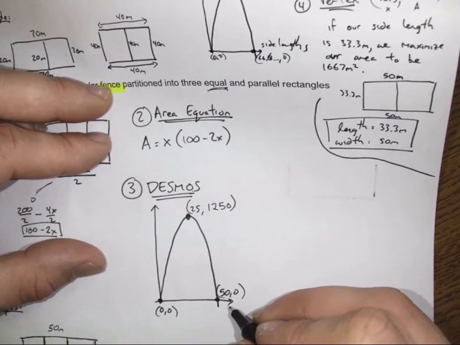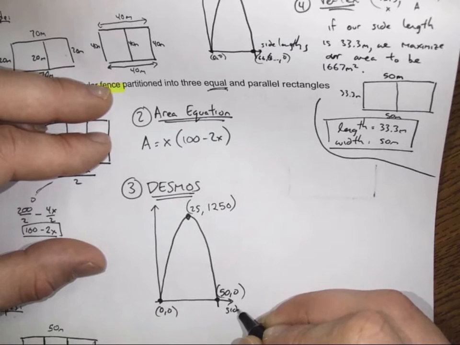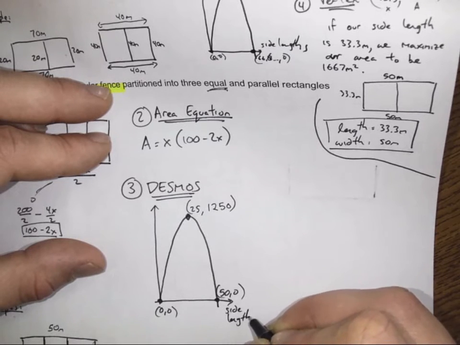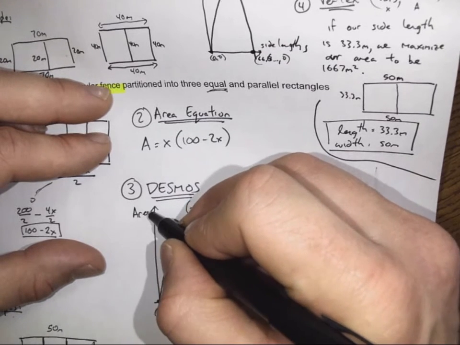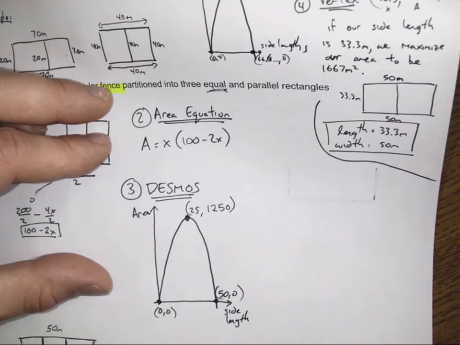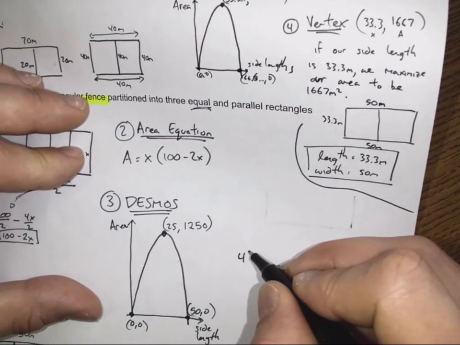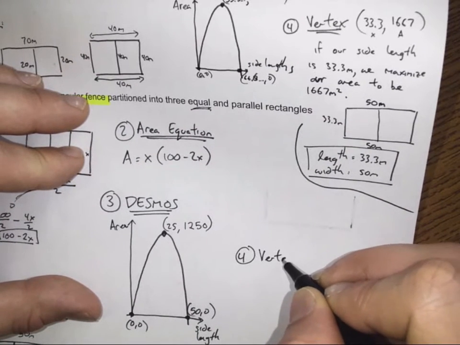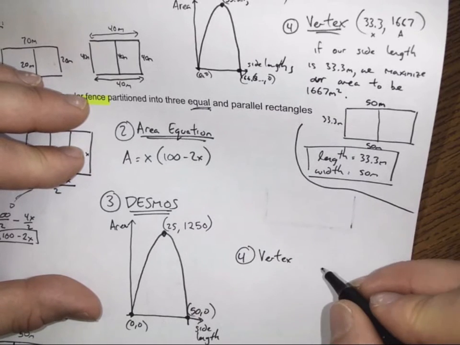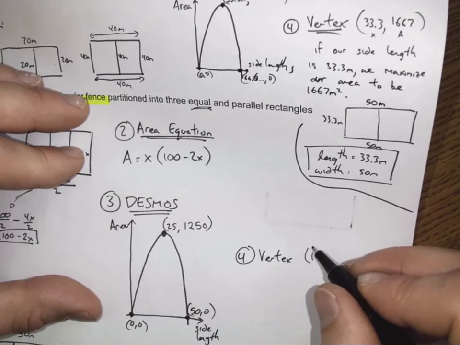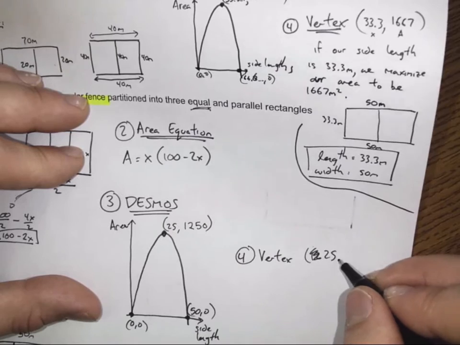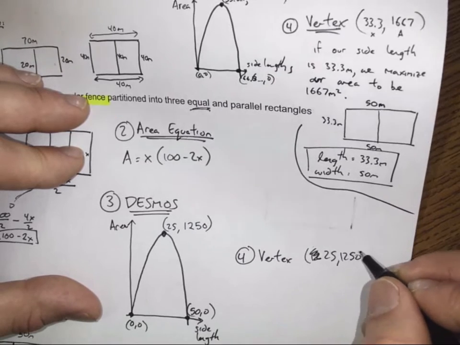All right. So we've learned, I think, already we're measuring side lengths here, and we're measuring an area here. So lastly, we're going to look at the vertex, point 25, 1250.